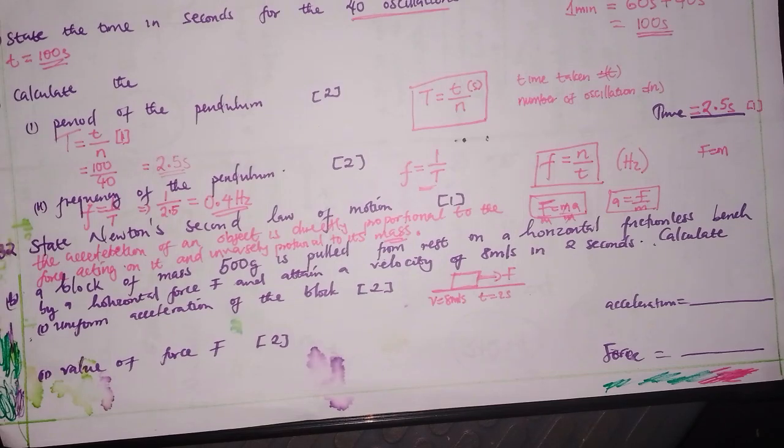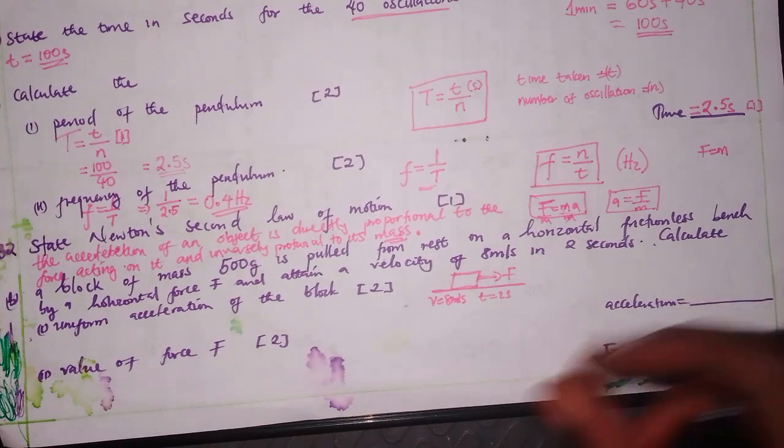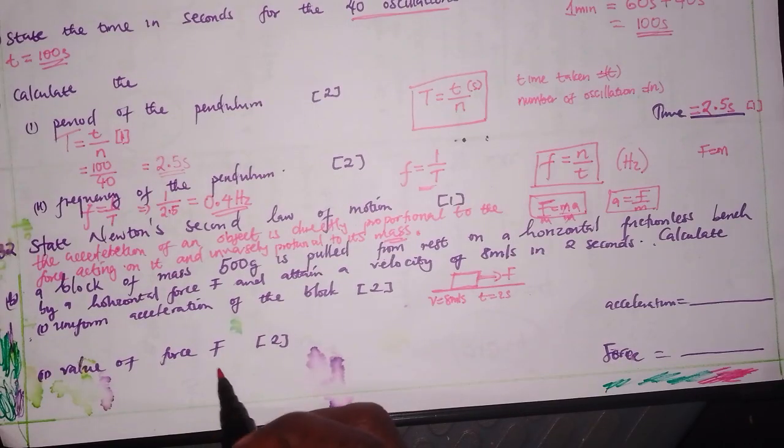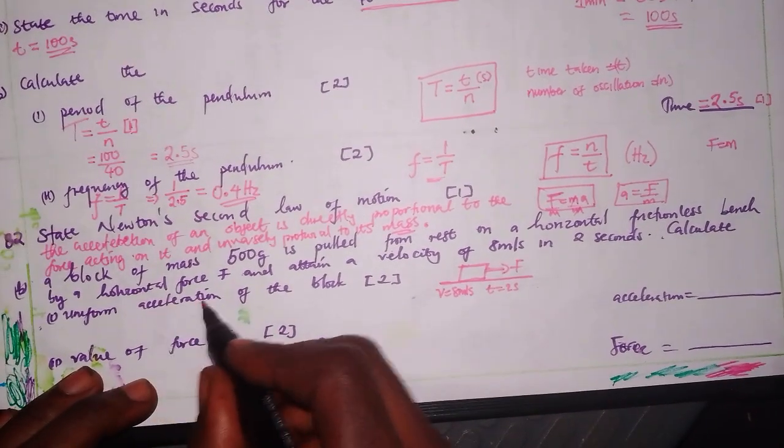So now the question is asking us to calculate the acceleration. Here is where most of the pupils get the question wrong. They rush into solving without understanding the question.